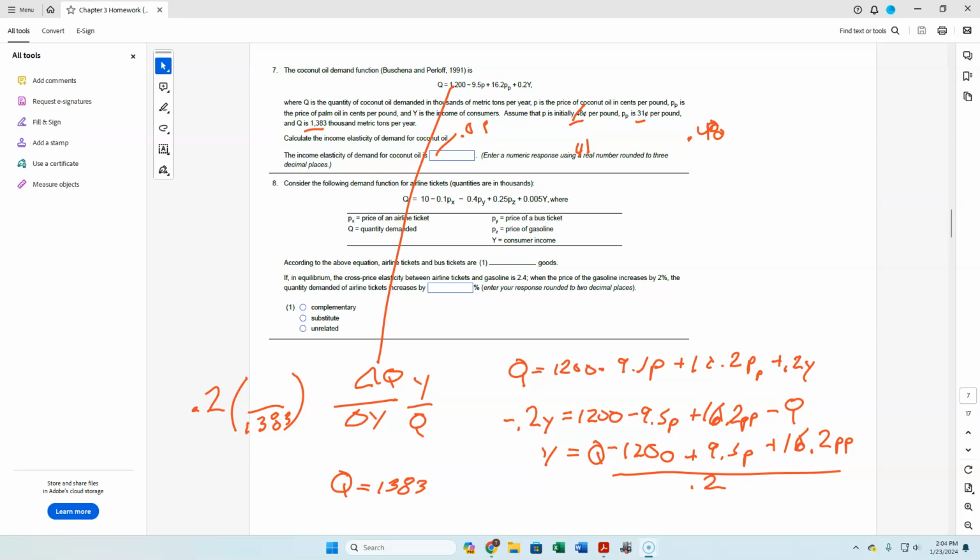Multiplying our cross-price elasticity times the change in the price of gasoline itself. Okay.